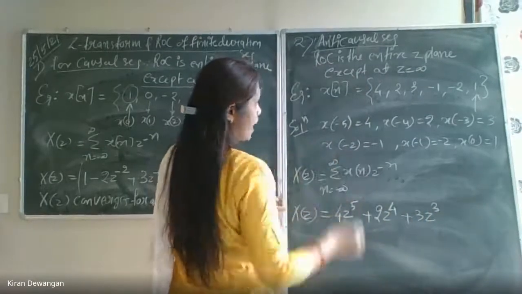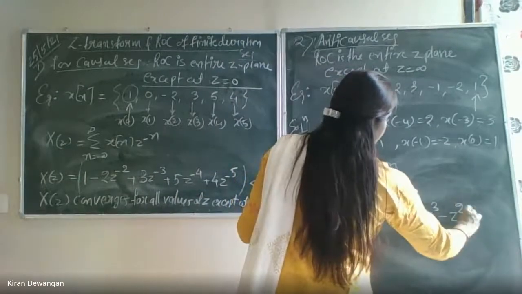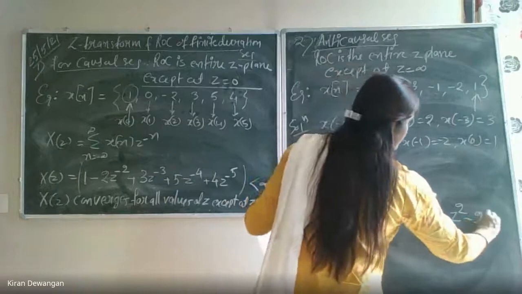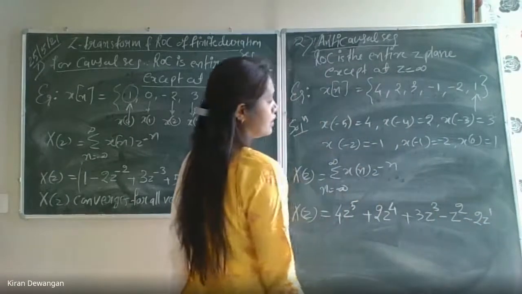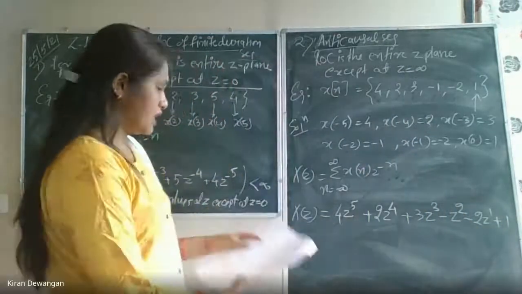This value is -1 minus z to the power 2. This value is -2 z to the power 1 plus 1. ठीक है, so that is how it's going to be.